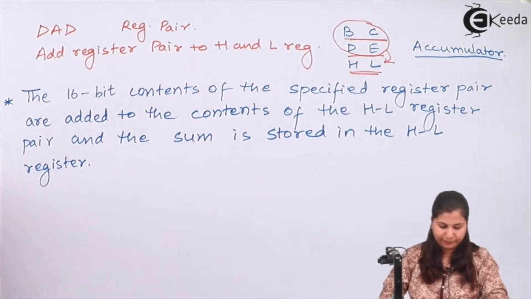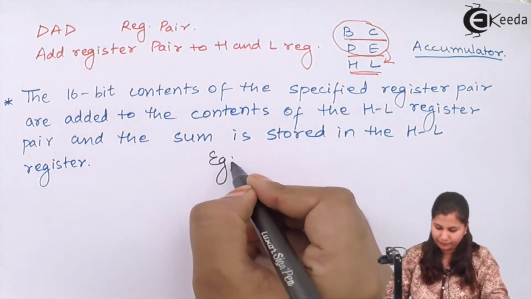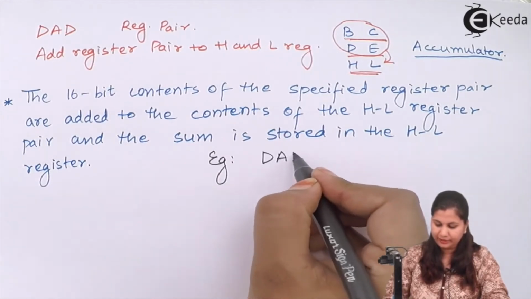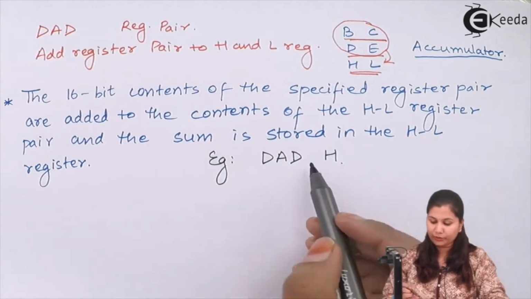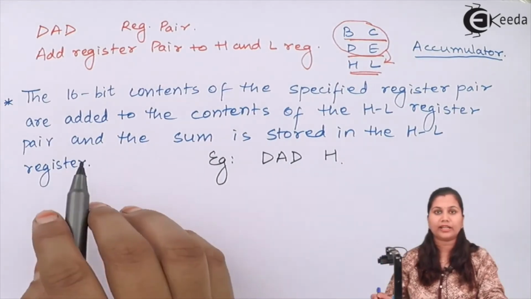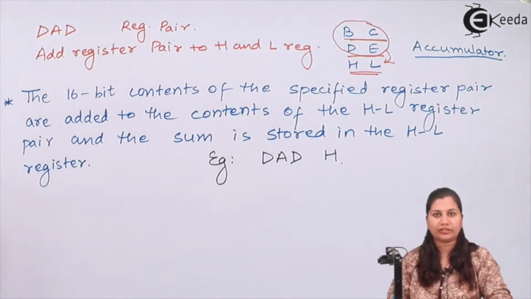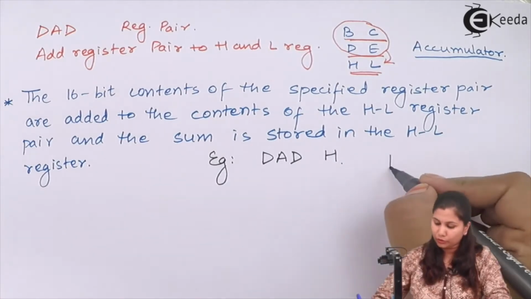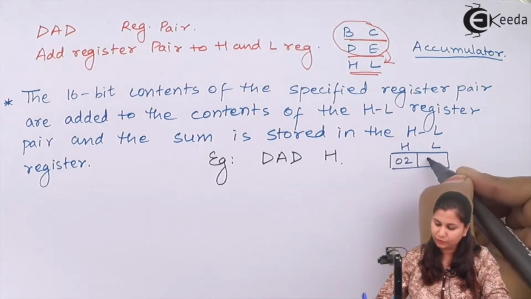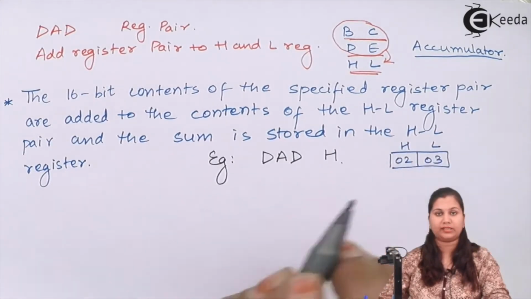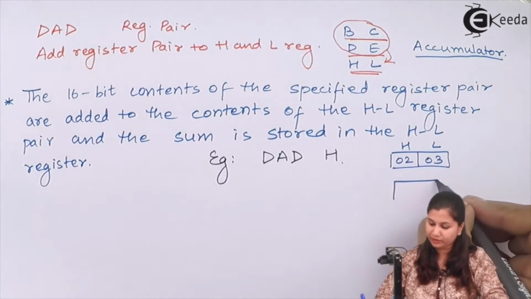Let's take an example. We will write DAD H. So what it is doing, it is adding the contents of the HL register pair with the HL register pair. Suppose in the HL register pair we have 02 and 03.